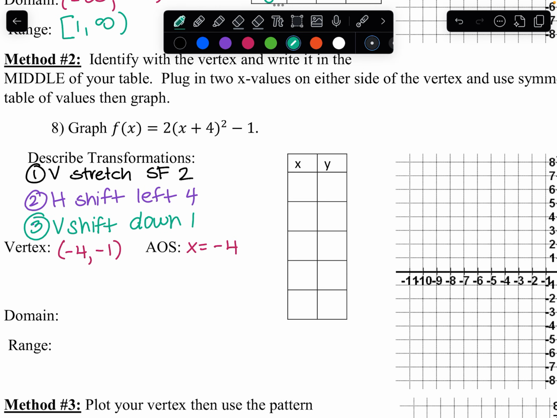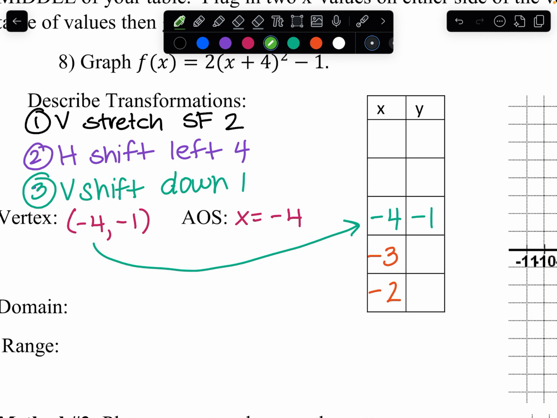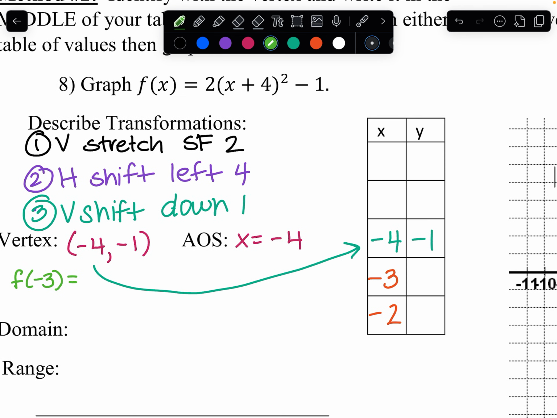What you do is you plug your vertex in the middle of your table. You then find 2 more points that are greater than or less than. So I'm going to go greater. And what you do is you plug them in to your function.